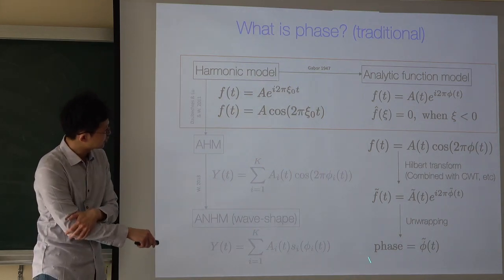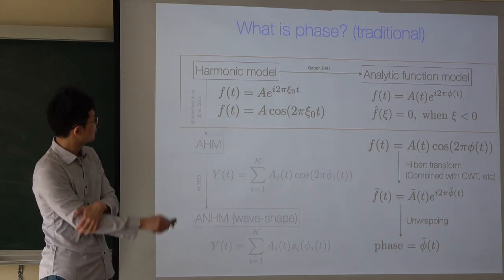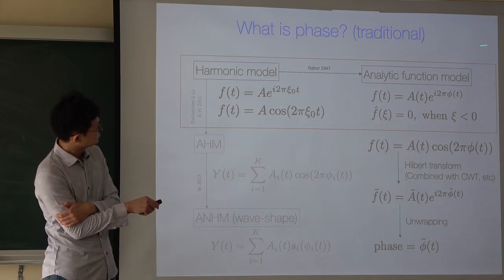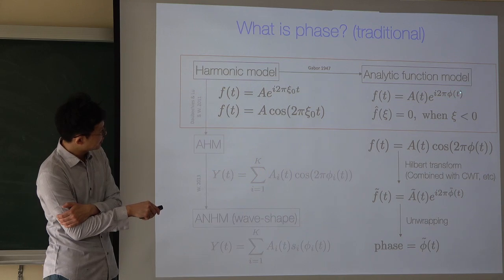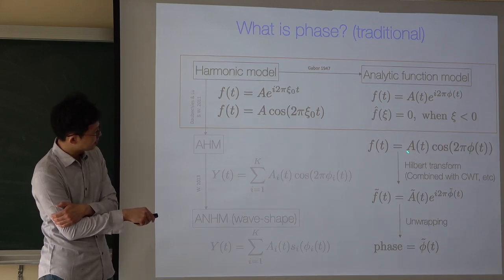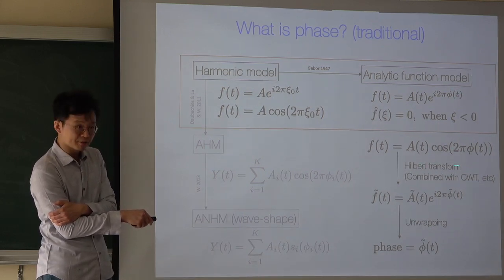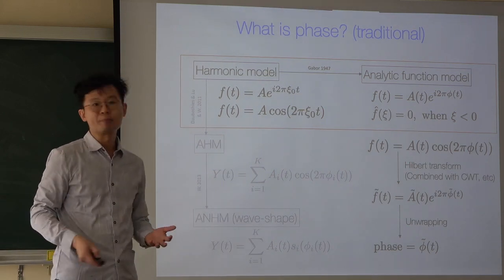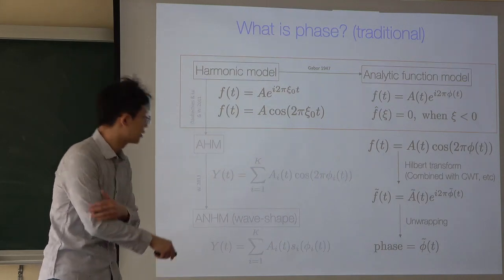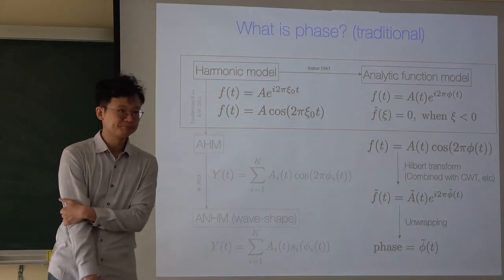That's the traditional approach. Suppose you have this analytic function, then you can define phi immediately. Otherwise, you have the real form, then you apply the Hilbert transform, or you can combine it with the continuous wavelet transform or a bandpass filter, etc., to get the desired phase.